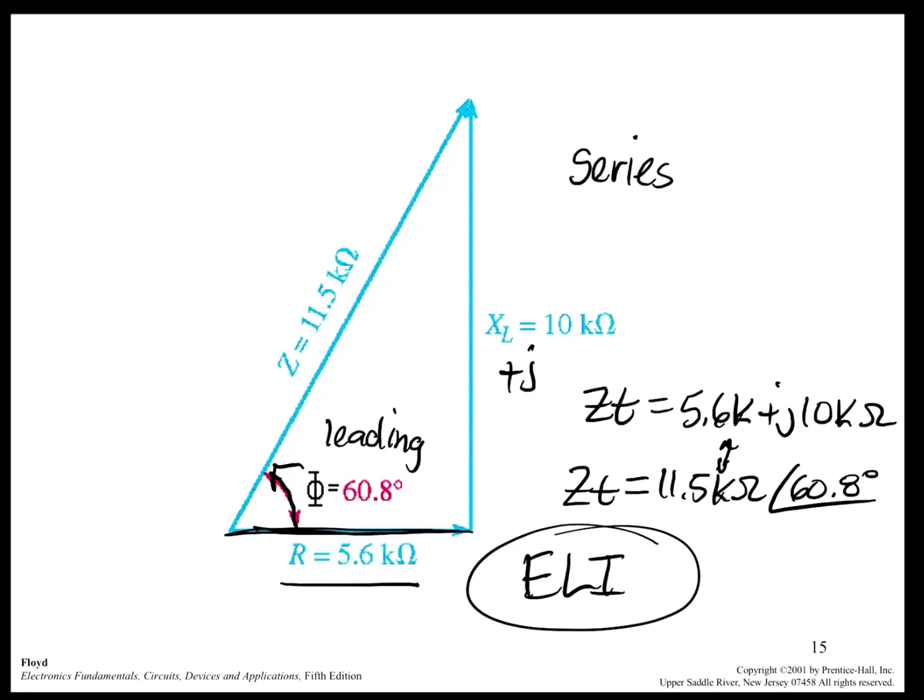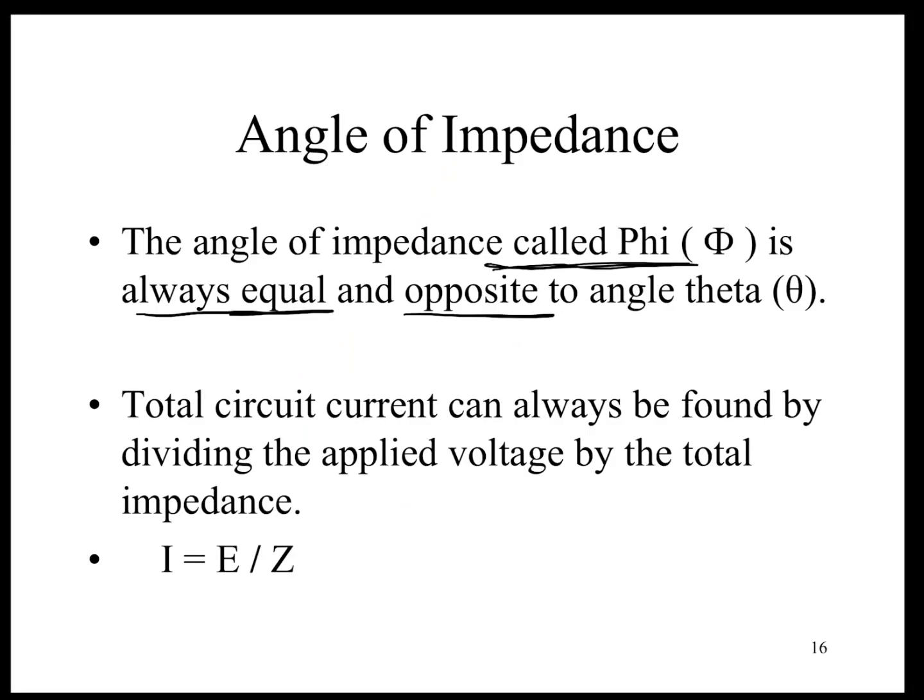Well, how did we end up with this lagging relationship for current? Well, it was the result of a leading impedance. Okay? So, if we go back here, angle of impedance, phi, is always equal but opposite to angle theta.